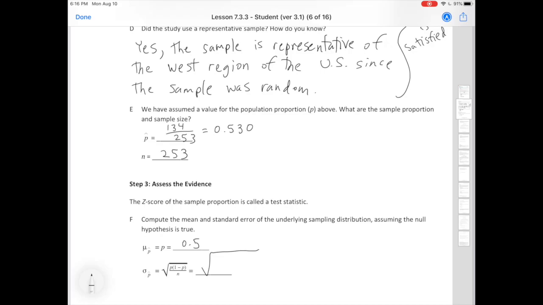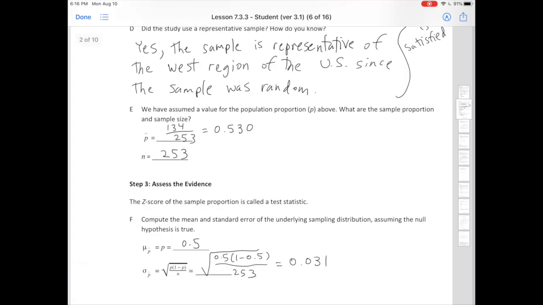This is going to be the square root of P times 1 minus P divided by 253. So if we put all of that under the square root and hit enter on our calculator, I get 0.031. Please make sure when you use your calculator you get the same answer.